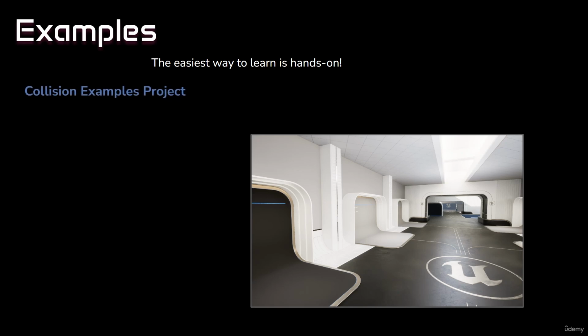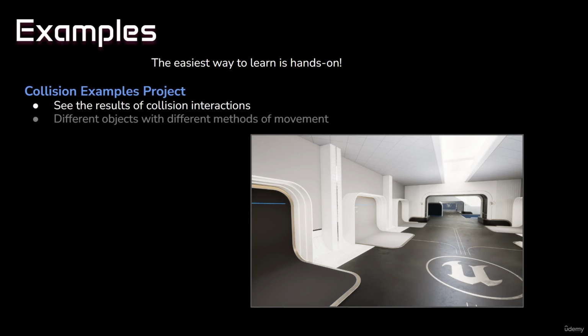So I've created a collision examples project. This is going to be in the resources for this video, and this is going to allow us to see the results of various types of collision interactions using different objects that are moved with different methods of movement, and we'll be able to see different collision settings and observe the results of those interactions.